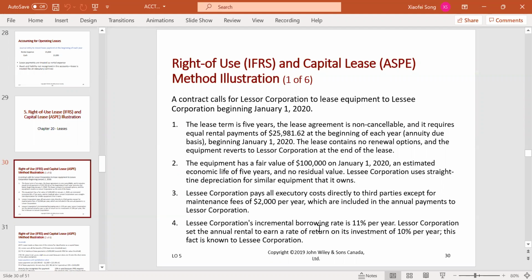What's the rule under IFRS? If you know the lessor's rate, you use the lessor's rate, right? So it's 10%. What about under ASPE? The rules are different, it's the lower of the two, but the outcome is the same in this case because the lessor's rate is lower. Okay, so that's that.